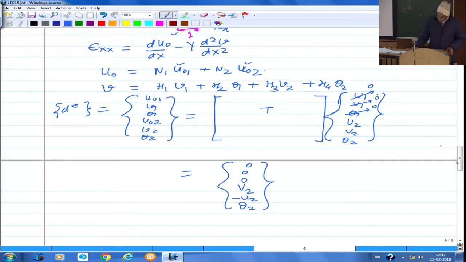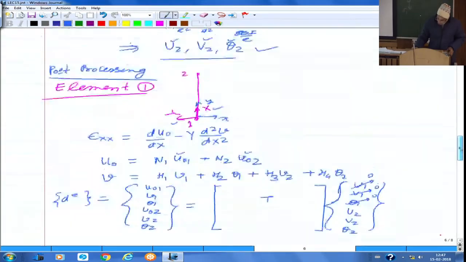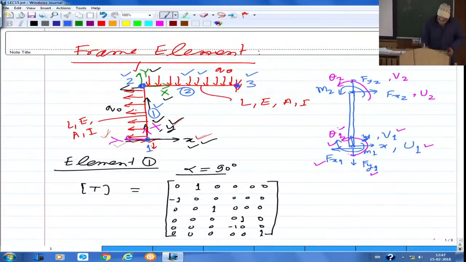And again, I know that can be physically interpreted, because with respect to local, if you look at it, the local x-axis is the same as the global y-axis. So the local x displacement would be equal to the global y displacement.